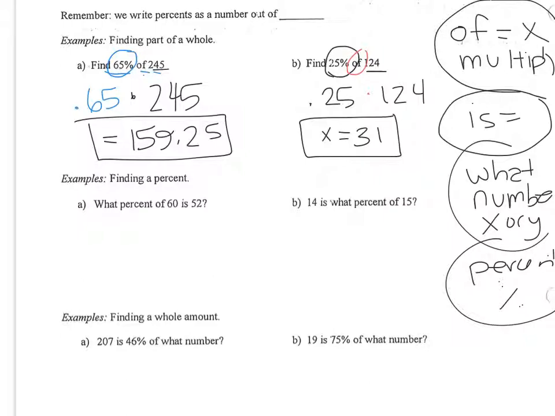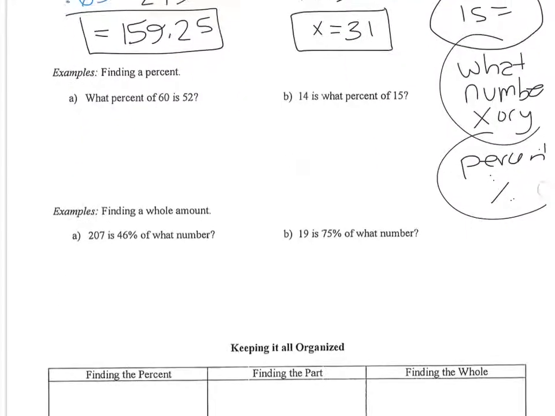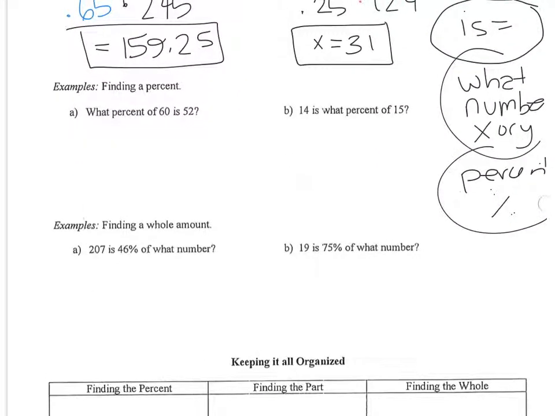Okay, and then finding a percent. What percent of 60 is 52? So we're going to let that be x, but knowing that after we solve for x, we have to change it to a percent. Of means multiply. 60 is equals 52. So now I'm solving for x.